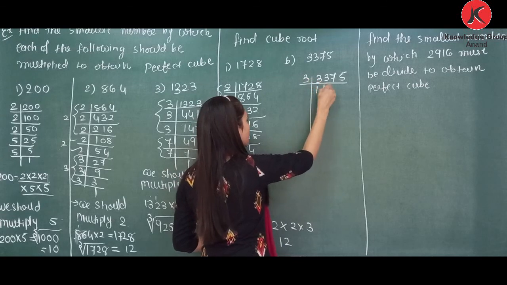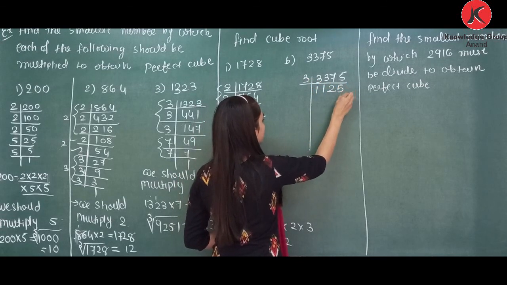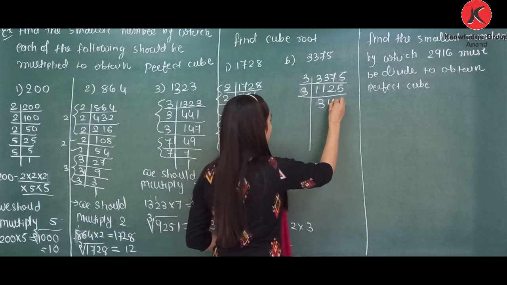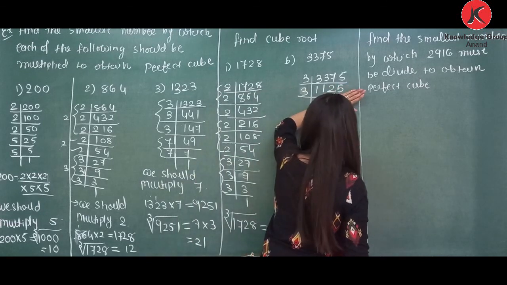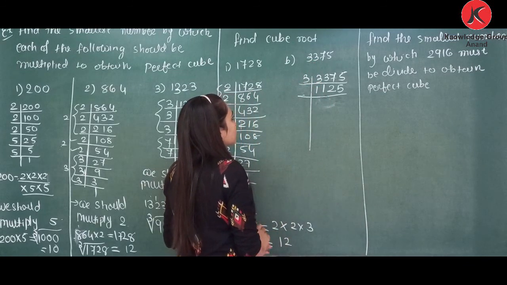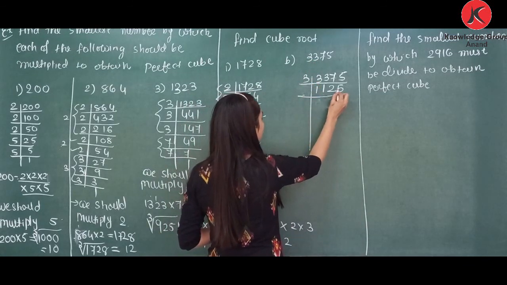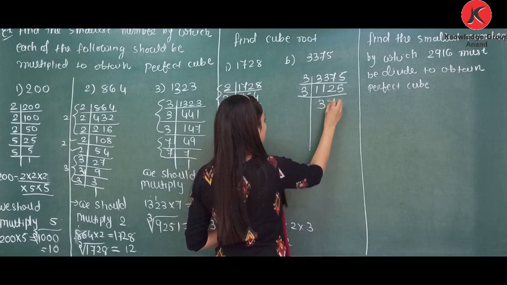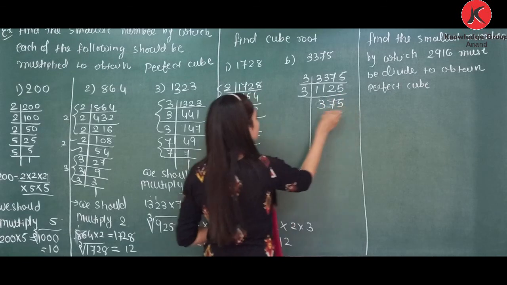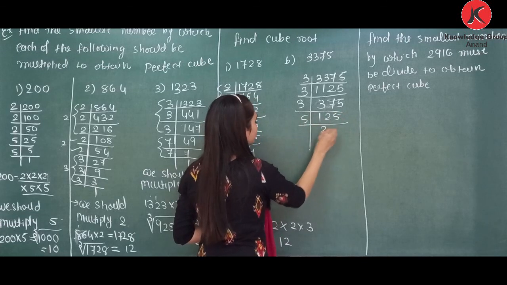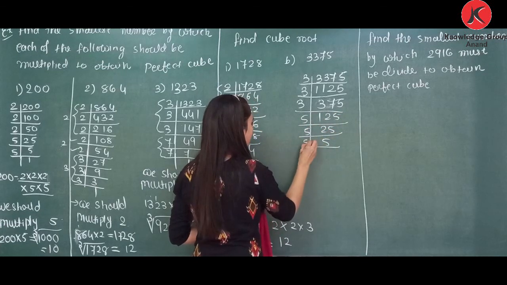This is divisible by 3. Again with 3, then 5, 5 and 5.